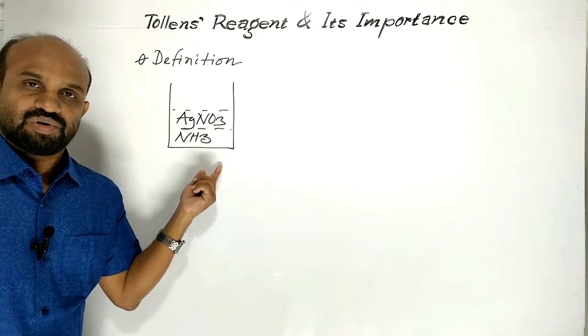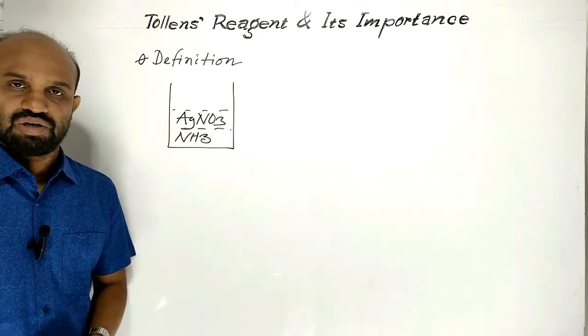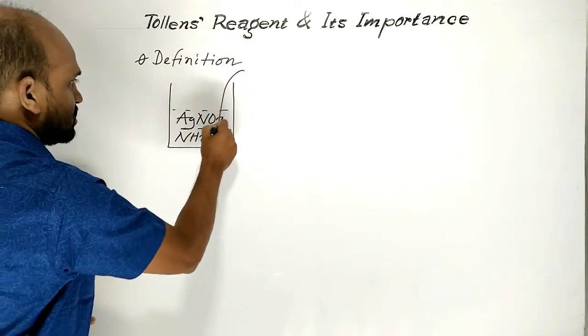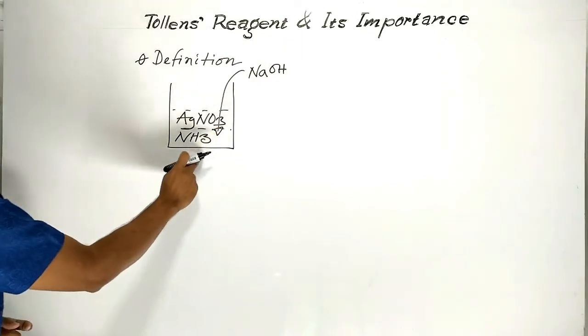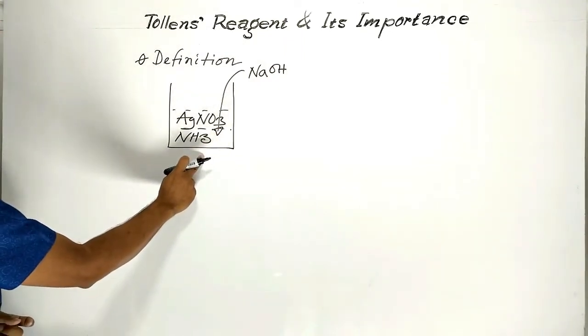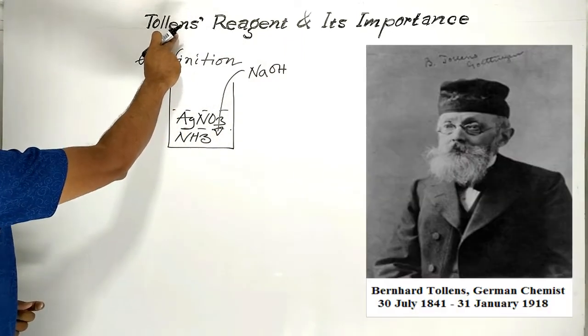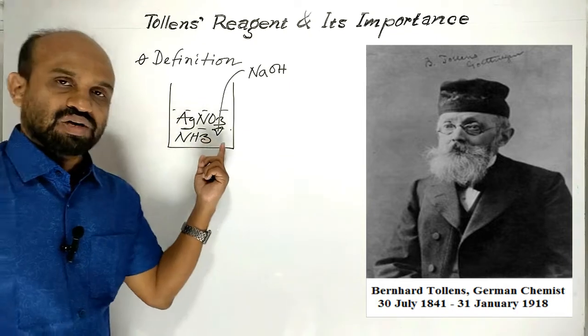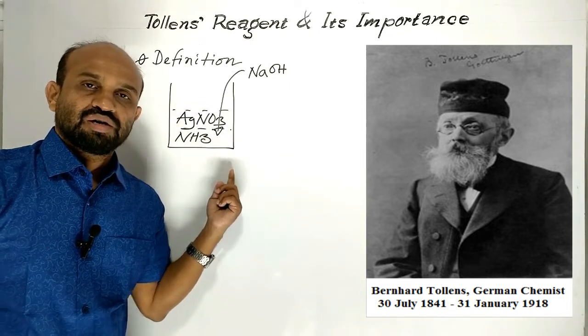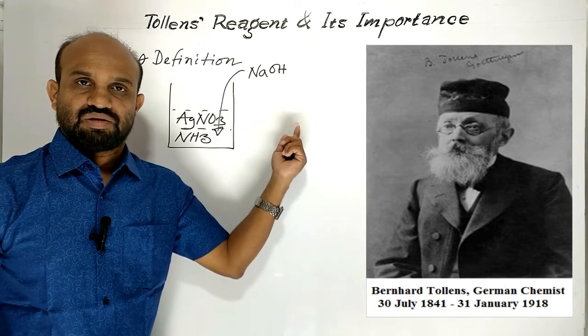Ammoniacal means containing ammonia. Here sodium hydroxide is present. So this is the solution of Tollens reagent. That is, Tollens reagent consists of silver nitrate, ammonia, and sodium hydroxide.